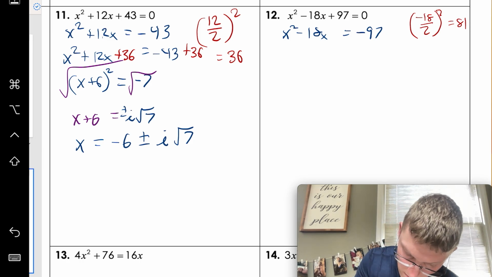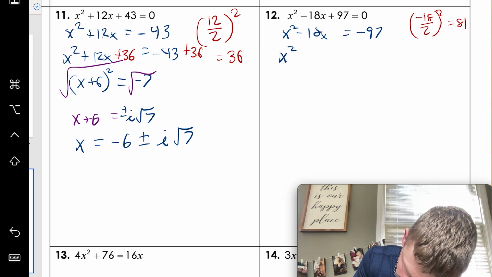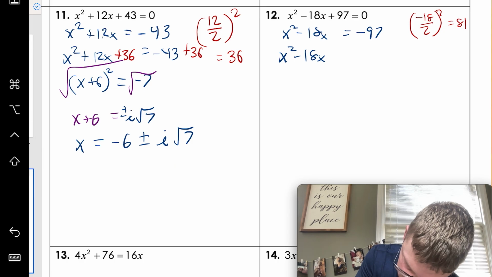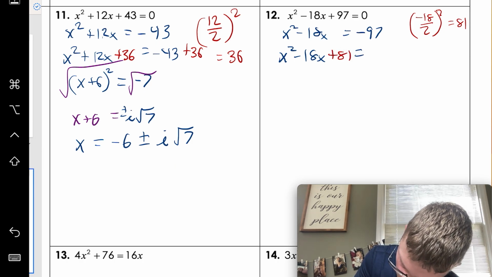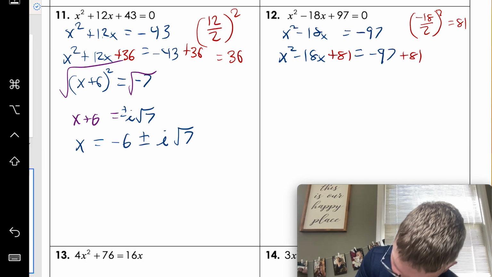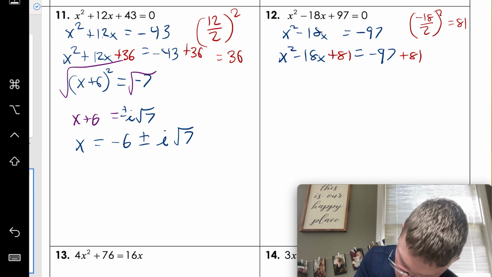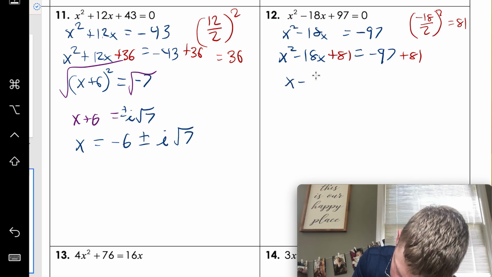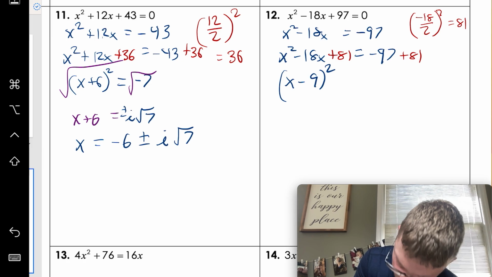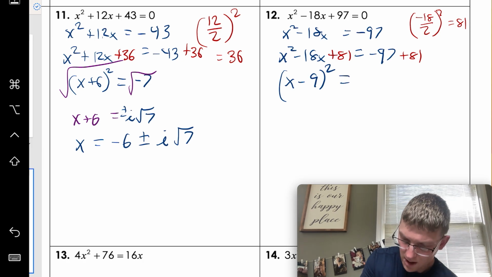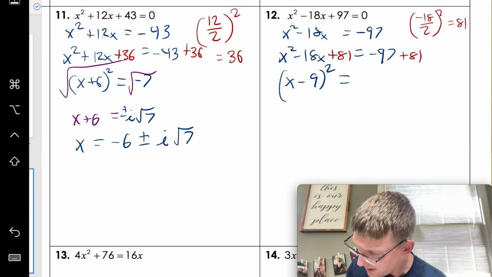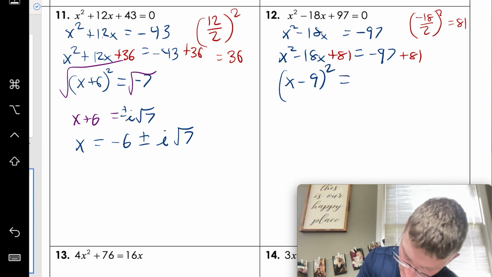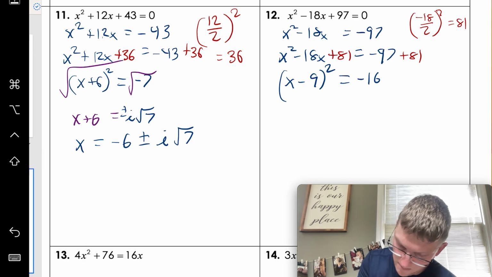So now we're going to have x squared minus 18x plus 81 equals negative 97 plus 81. So we're going to factor the left. We get x minus 9 squared, because that's half of 18. Negative 97 plus 81 is negative 16.